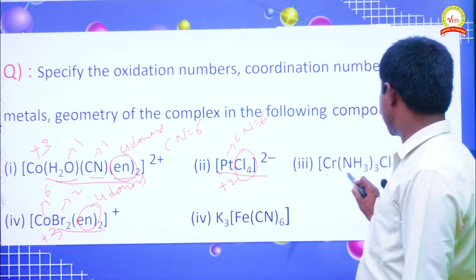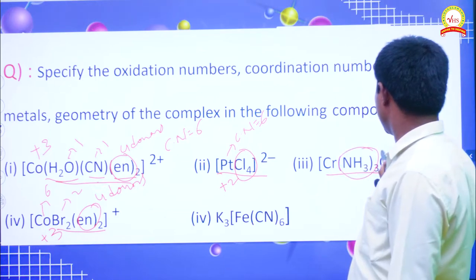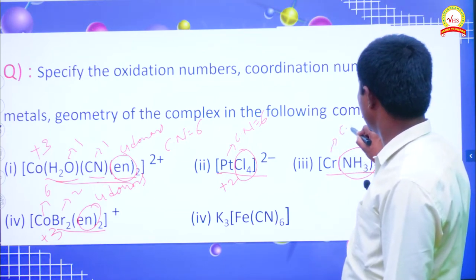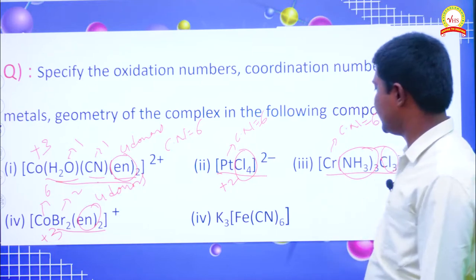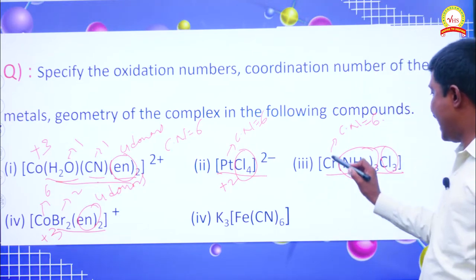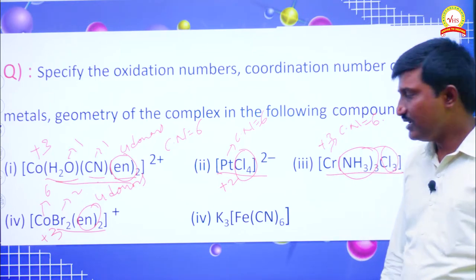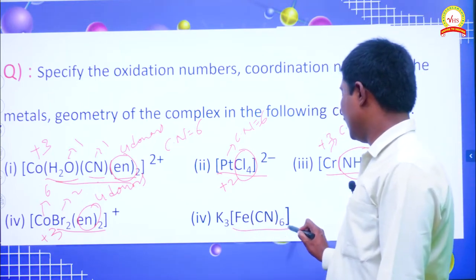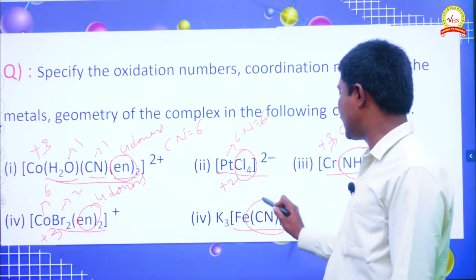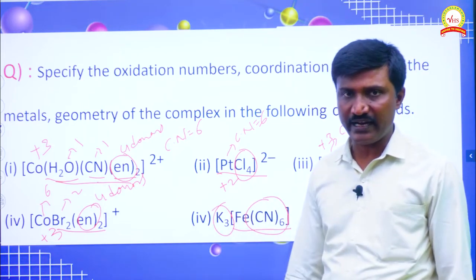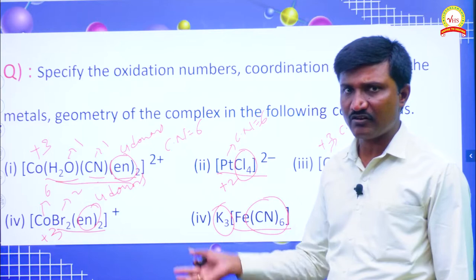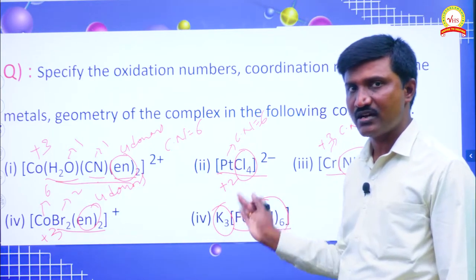In this one, 3 ammonias and 3 chlorines are binding, so the coordination number is 6, and the chromium oxidation state is plus 3. Clear? And in this iron complex, 6 cyanides are binding and 3 potassiums are present. Are the 3 potassiums outside the square bracket or inside? Outside.